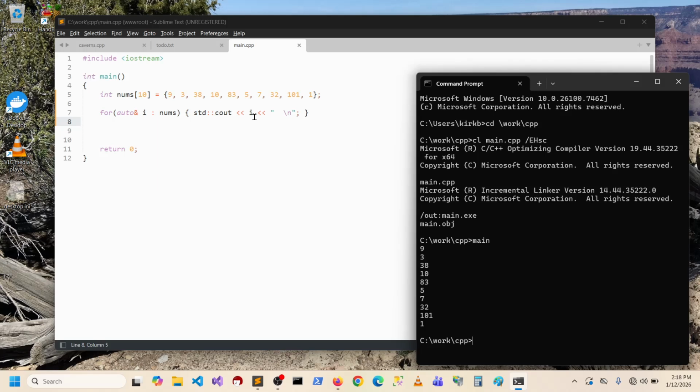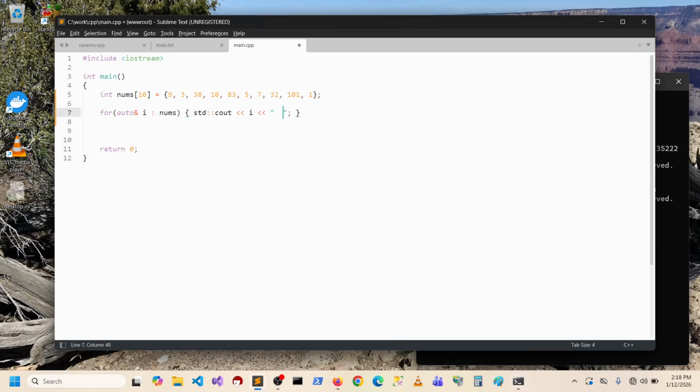Okay, looks good to me. Is it all on one line?